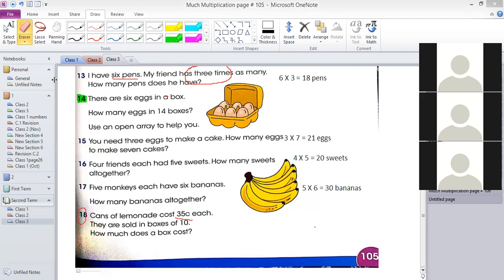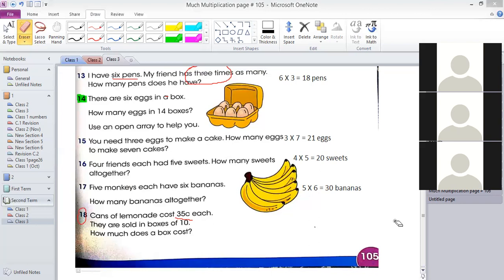Yes, sir. Yes, Umar, tell me what will be the cost of a box if there are 10 cans of lemonade and one can is 35 cents. 350. How? 350. Good, very good. The answer is correct.